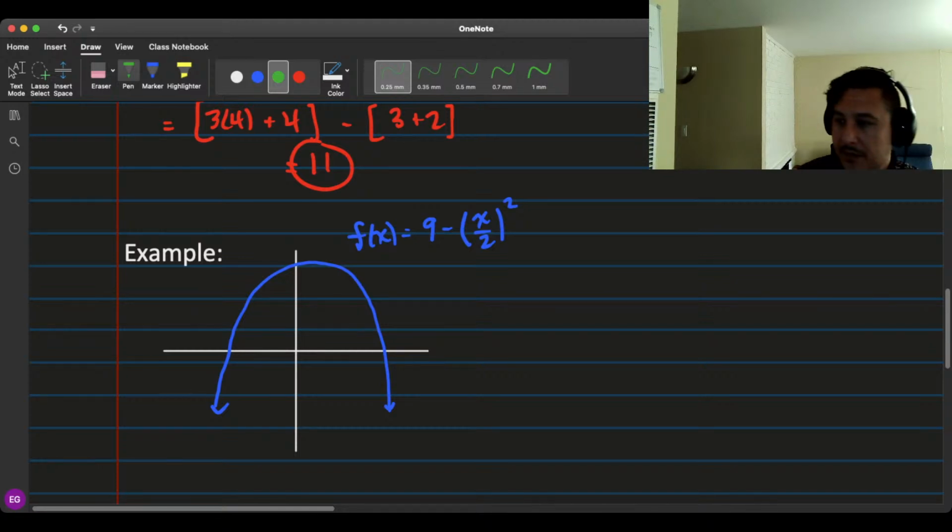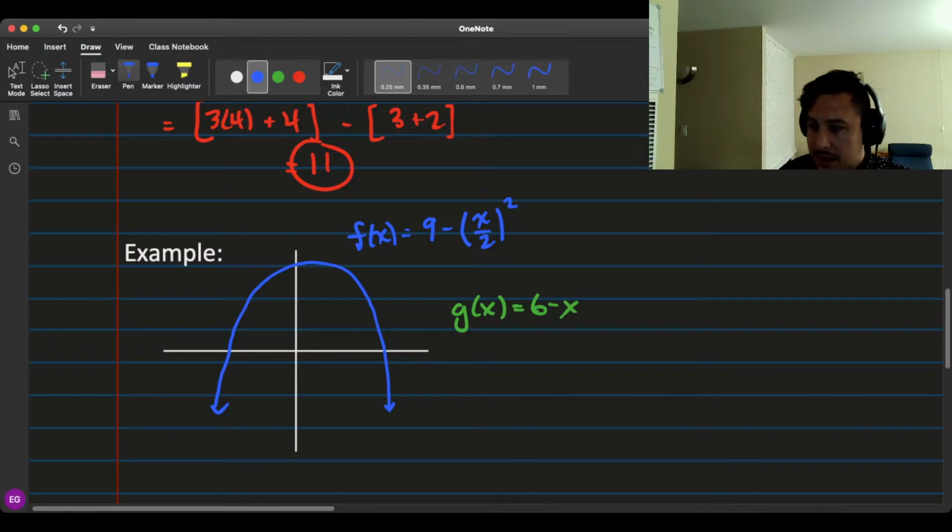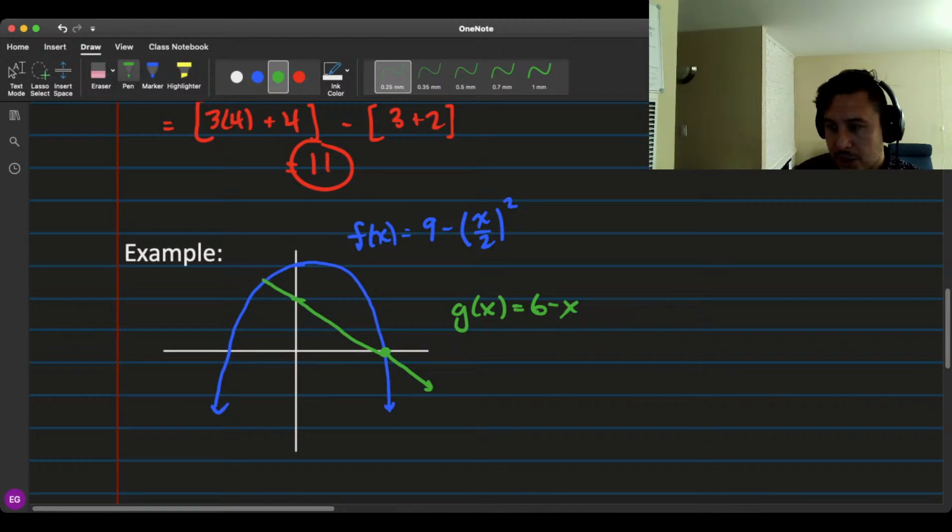And our other function will be g of x, and that's going to be 6 minus x. So this point right here is 9. 6 would be right here. And this works out really nicely because they intersect right there. Quiet. Okay. And this is the region that we want.